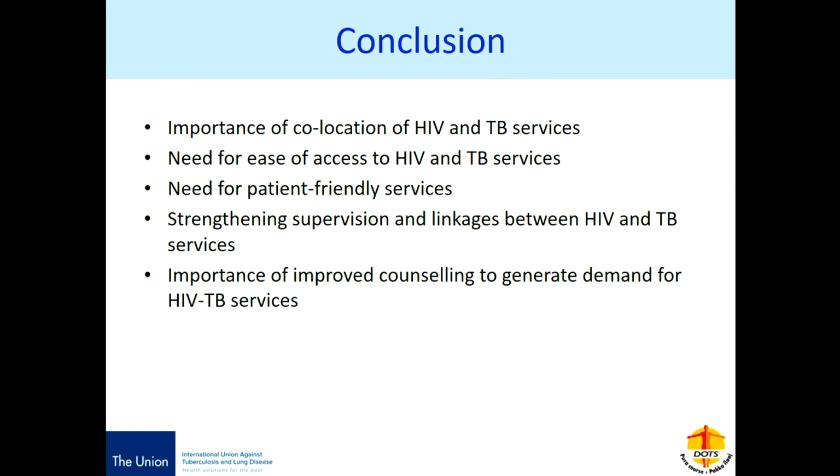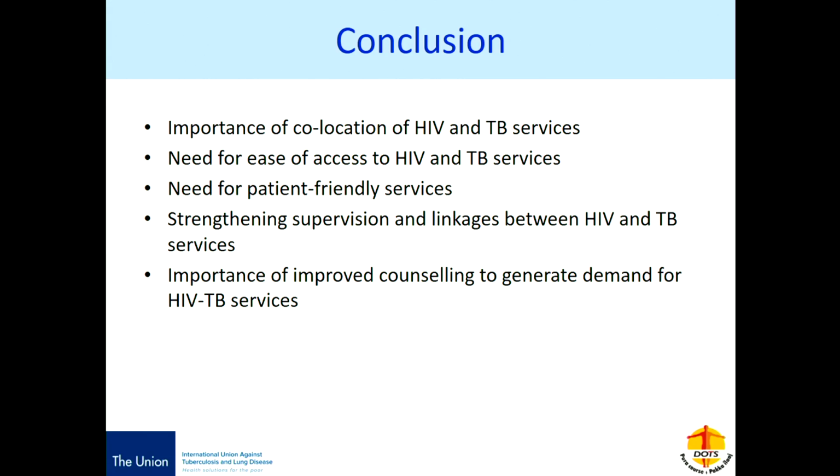Coming to the conclusion, of course, the co-location of HIV and TB services is important. There is also a need for ease of access to HIV and TB services, as well as a need for patient-friendly services, so that the presumptive TB cases which are referred do not have fear in accessing these services.